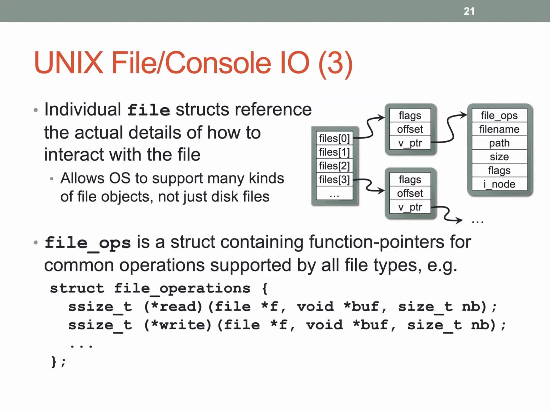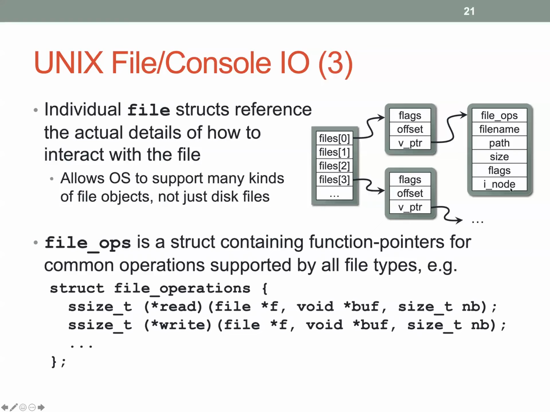Okay. And so this file ops thing is kind of your C version of virtual functions. So if you are familiar with C++ or Java or other languages that support dynamic dispatch and virtual methods and so forth, this is how it's implemented in a low-level kernel type abstraction. So you have file operations.